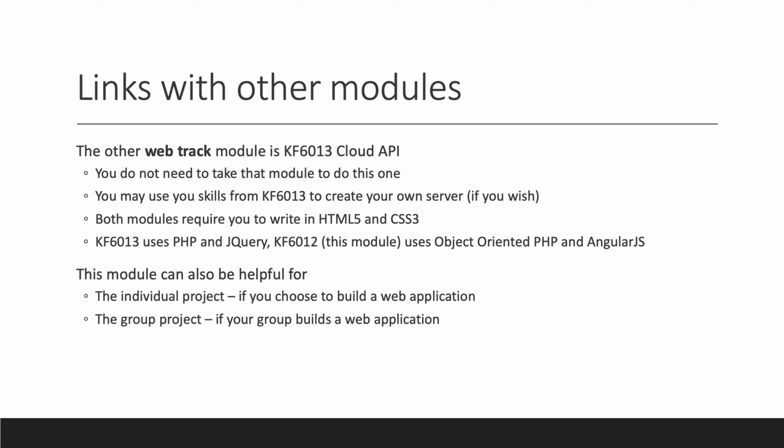But I think quite a few of you are doing both, and these complement each other nicely. These modules will be talking about some similar concepts, but using some slightly different programming languages and coming up with these in slightly different ways. One of the key things on this module is that we'll be building an API, whereas on the Cloud API module, you'll be using third-party APIs.